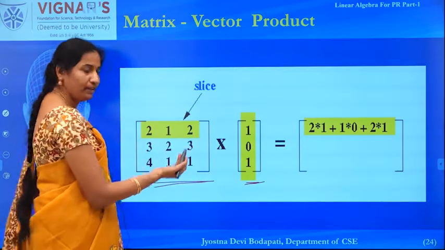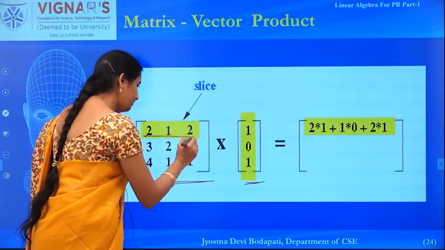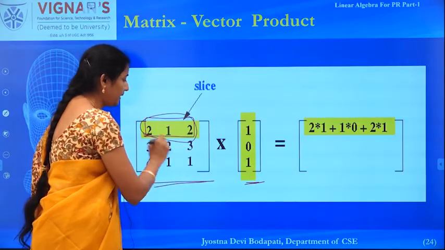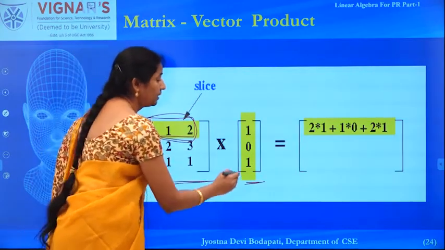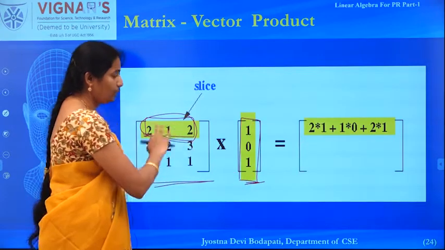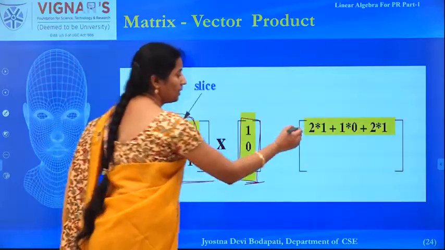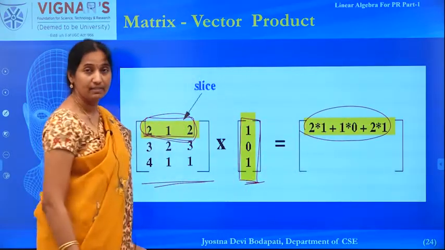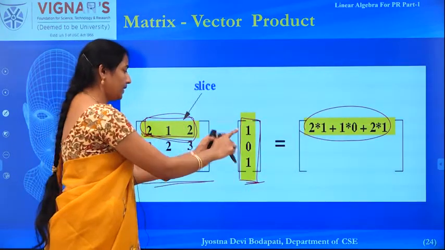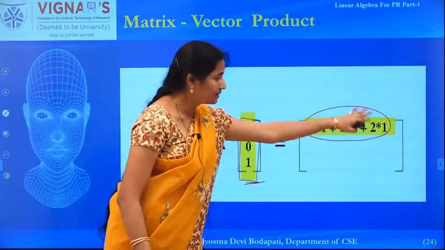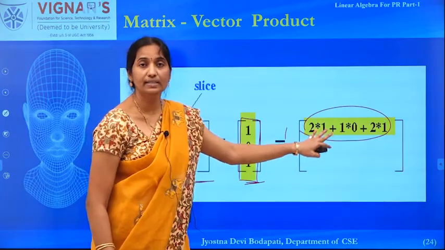To multiply, consider the first row of the matrix. The first row elements are multiplied with the corresponding elements of the vector and then summed up, and that is how I get the first element of the resultant vector. That is 2 into 1 plus 1 into 0 plus 2 into 1. Altogether that results in the first element of your resultant vector.